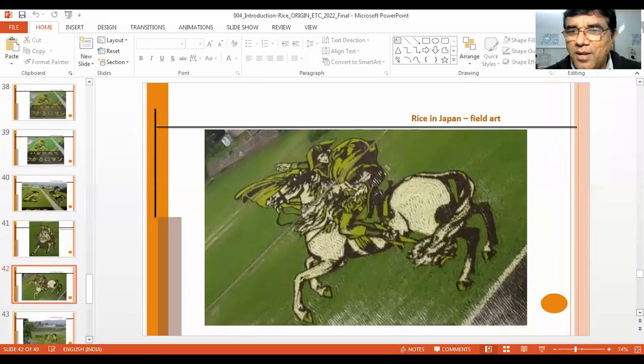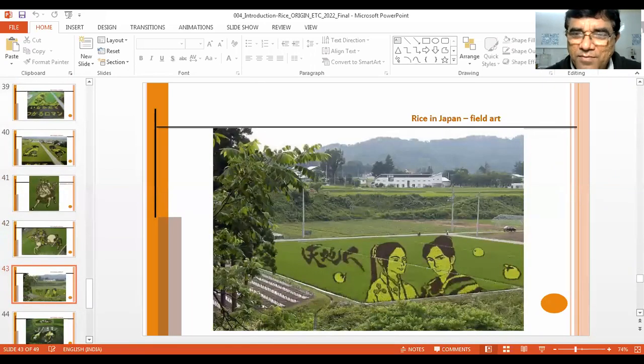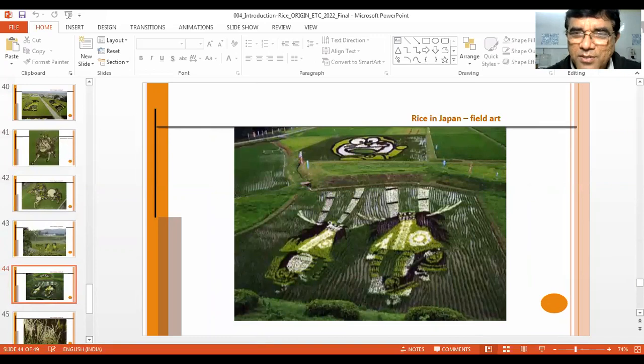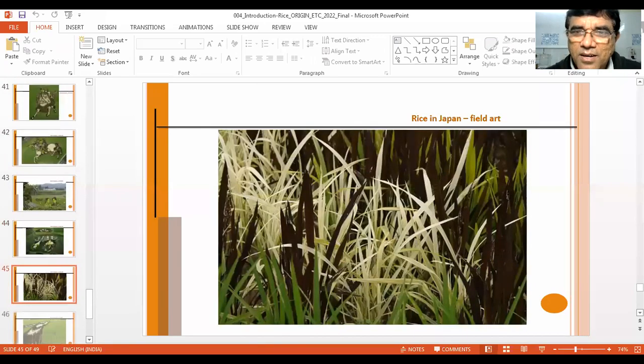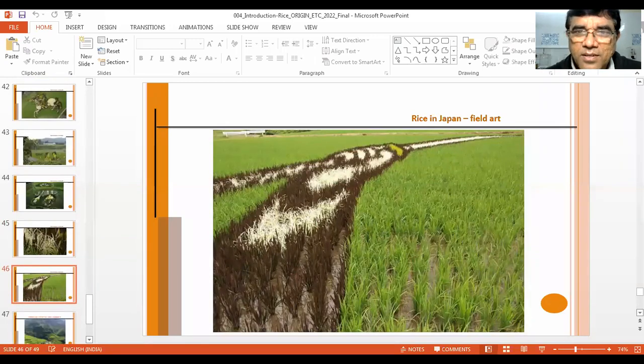So people make art from rice fields, paddy fields. Very complicated art. And these are the color variations available in rice. You can see purple color, also at IRRI. Some plant breeders are using these kinds of colors.